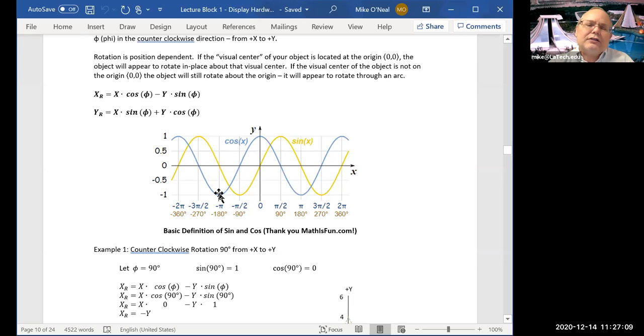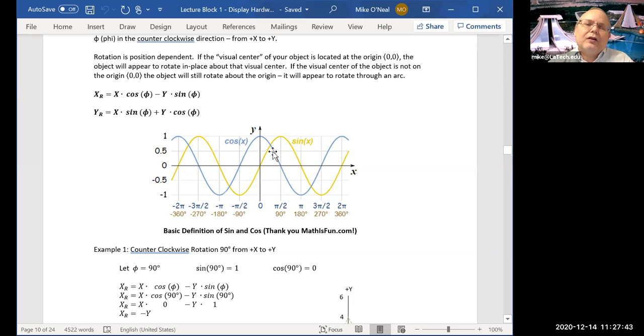So if you look at cosine here at negative pi, it's at -1, and then at 0, it's at positive 1, and then at pi, it goes back to -1. So in a period of 2 pi, it goes from -1 to 1 back to -1. Sine is the same wave. It's got the same periodicity. It's got the same magnitude. It's just that sine is shifted from cosine by 90 degrees.